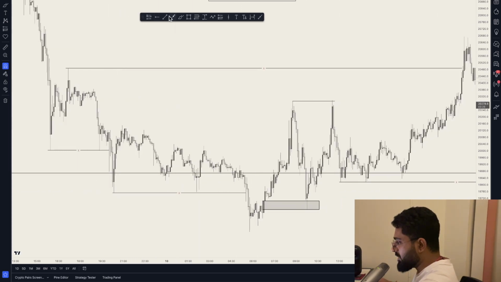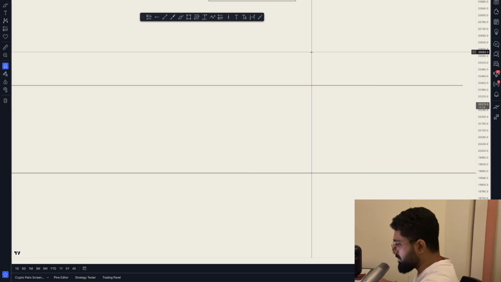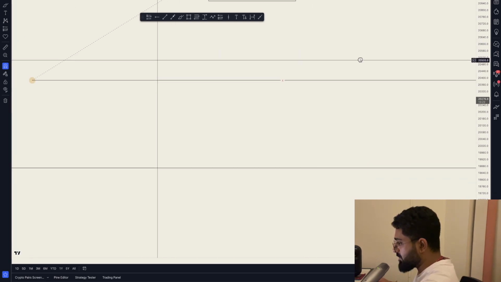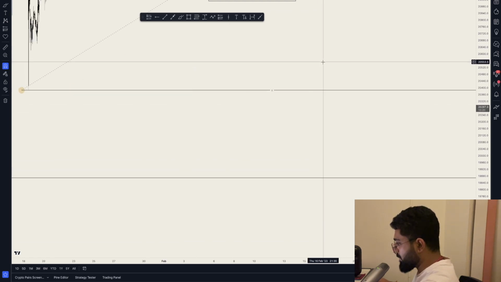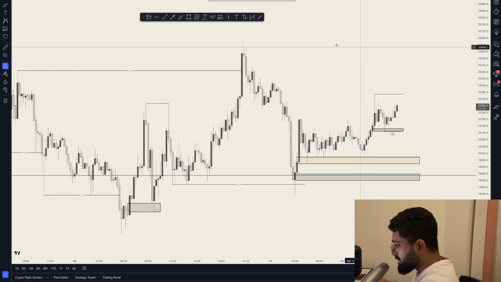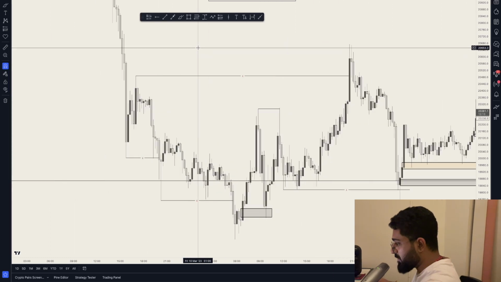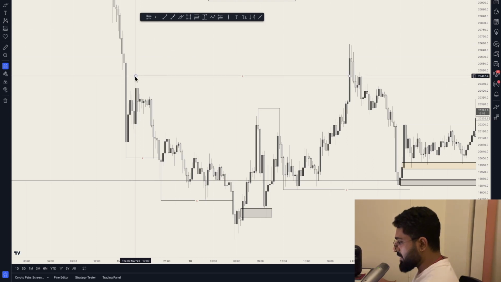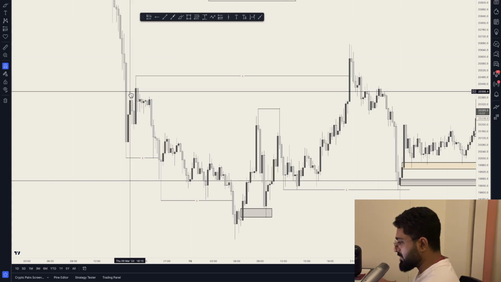Now again, this level here, if I go to the 15-minute time frame, what do I see? Yes, so this is the time frame. Here again, this is the high that rebalanced this fair value gap.